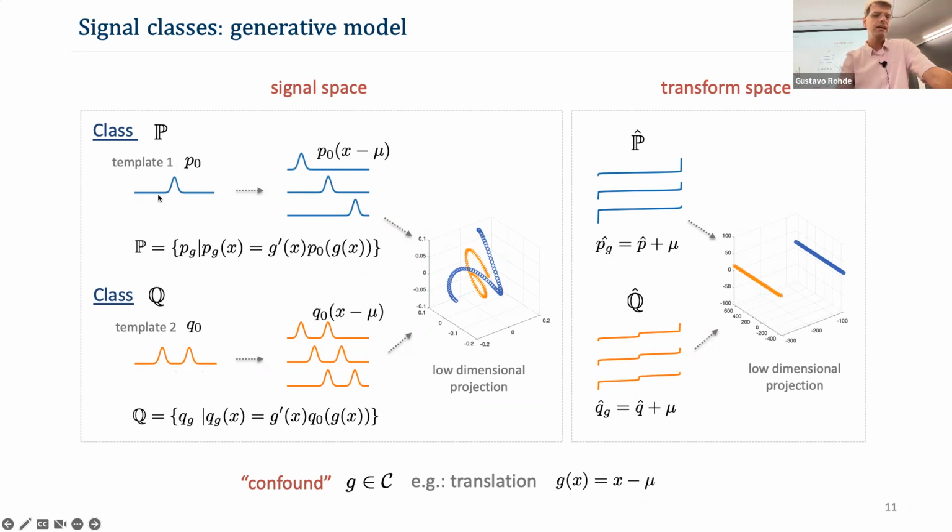And we're going to say that all elements of class P are observations of this template under some unknown push forward transformation, right? And in this case, we're using translations, right? Class Q is another template called Q naught, but the elements of this class are unknown deformations applied to this other template.